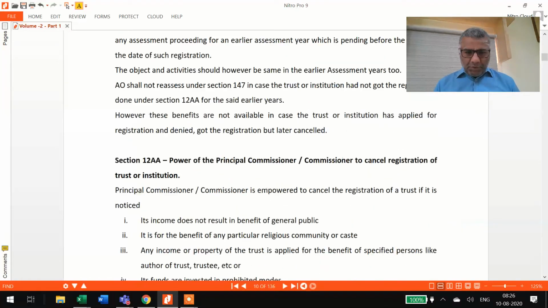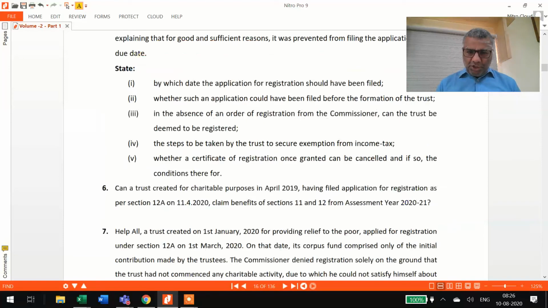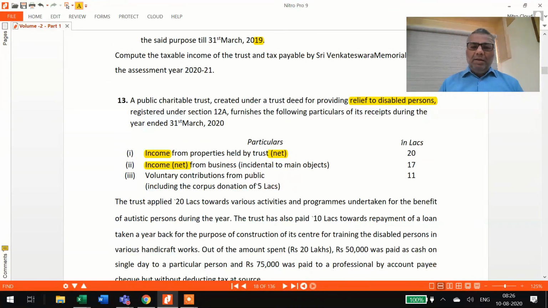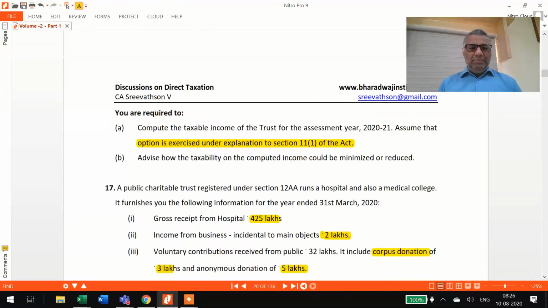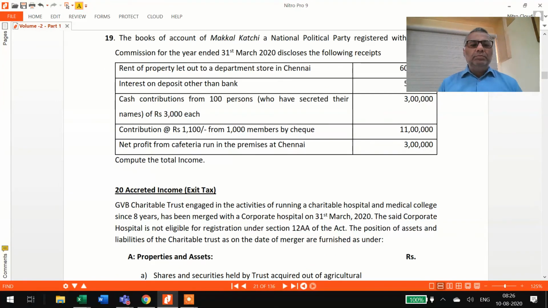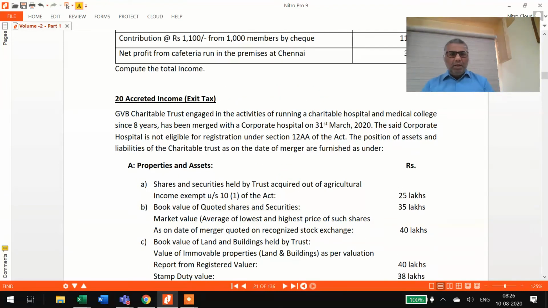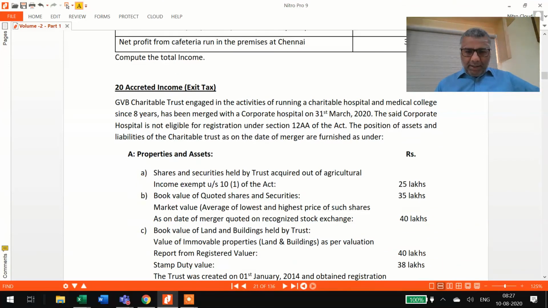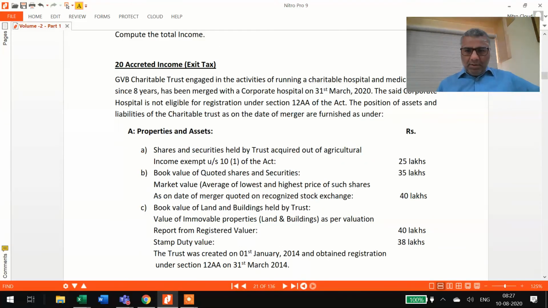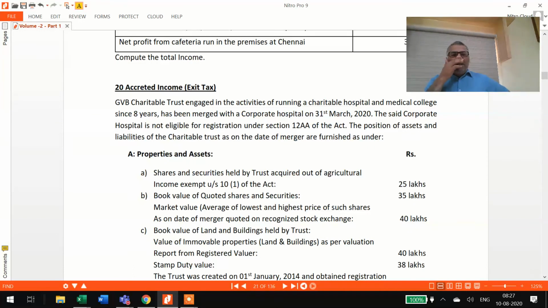As soon as the provision was introduced, there were continuously 2 attempts of question, I believe. DVB Charitable Trust. Okay, it's an exam question. DVB Charitable Trust, engaged in the activity of running a charitable hospital and medical college for 8 years, has been merged with a corporate hospital.